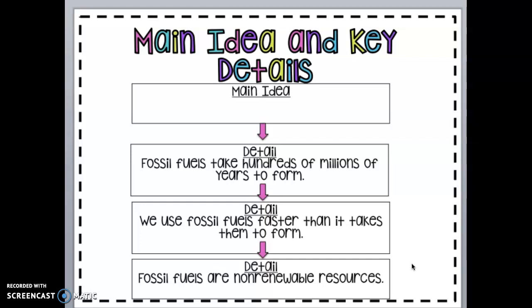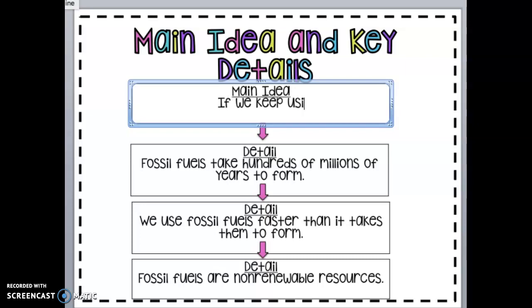But for me, as I read, and hopefully you may have reread to try to find the main idea, you would have understood that if we're using the fossil fuels faster than they form, if it takes so long to make them, and we know once they're gone, they're never coming back, that should hopefully give you a hint that if we keep using them, let's take out that underline again.